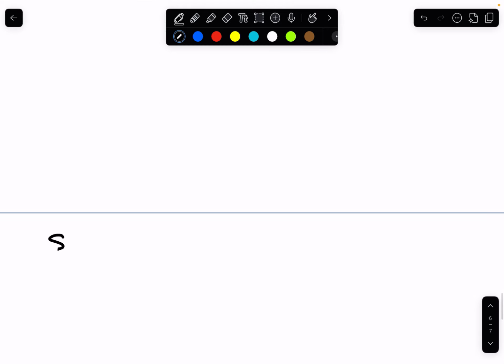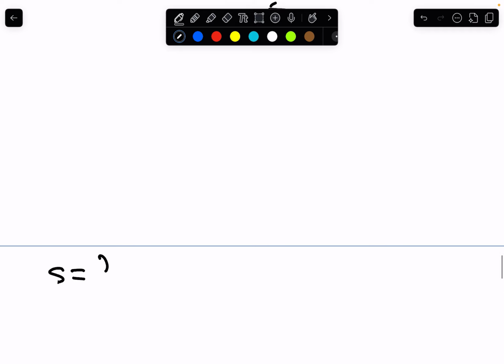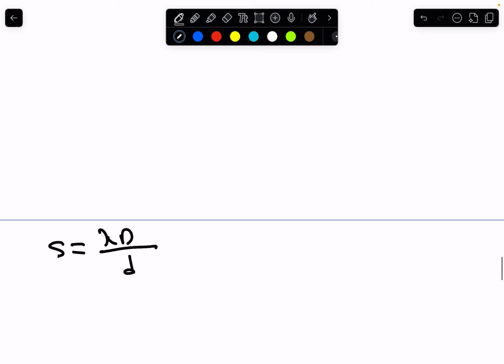Well, again, you write down the equation or look at it in your data booklet. So A says the width of the slits. Well, actually, this equation does not include the width because in double slit, the width does not matter. The only thing that matters about the width is it's small enough for diffraction to occur. It cannot be wider than the actual wavelength of the beam.